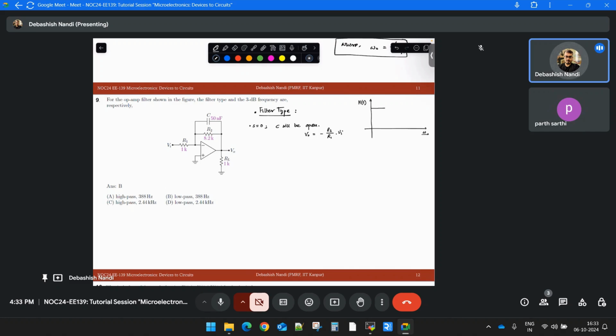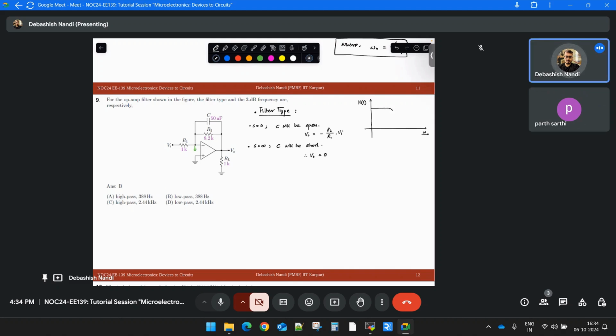And what about s equal to infinity? C will be short. So what is your V0? Note the virtual short, sir, the ground, zero, right? Yes, sir.